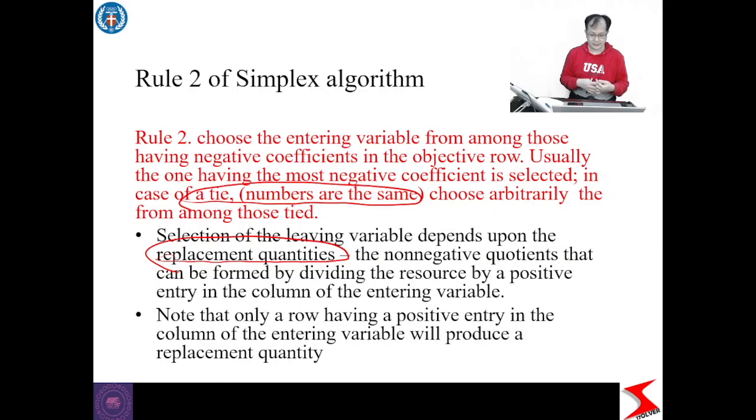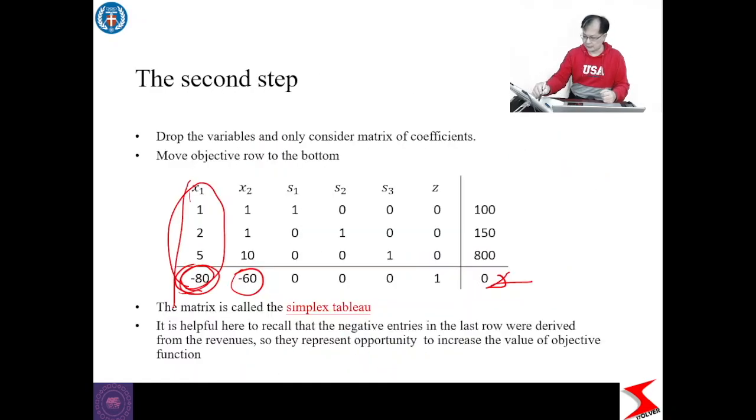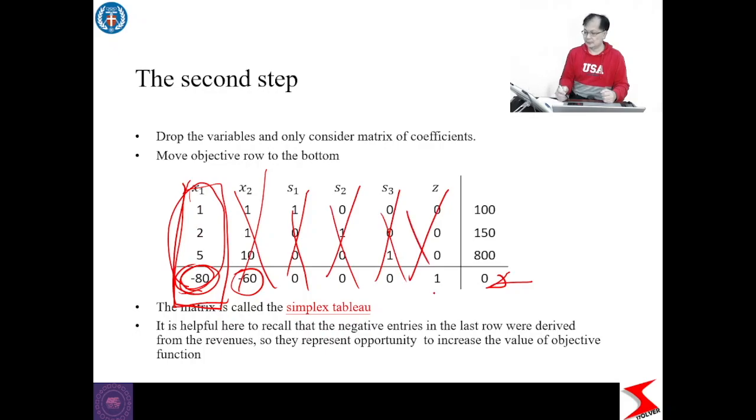Note that only a row having a positive entry in the column of the entering variable will produce a replacement quantity. That means we don't need to consider other columns. For example, if we choose the x1 column here, we only consider this column to calculate the replacement quantity.